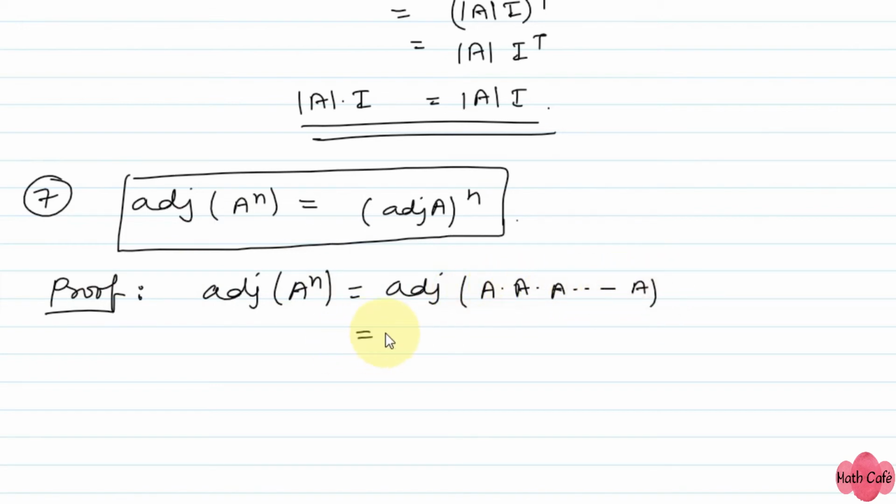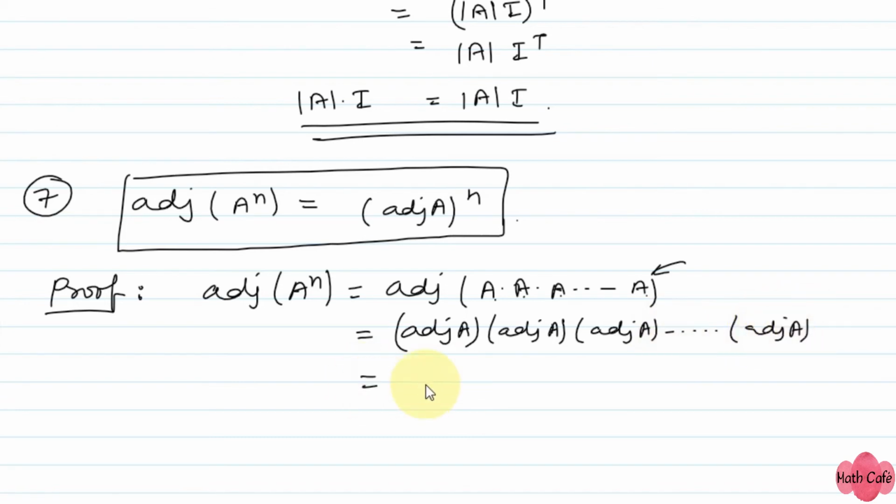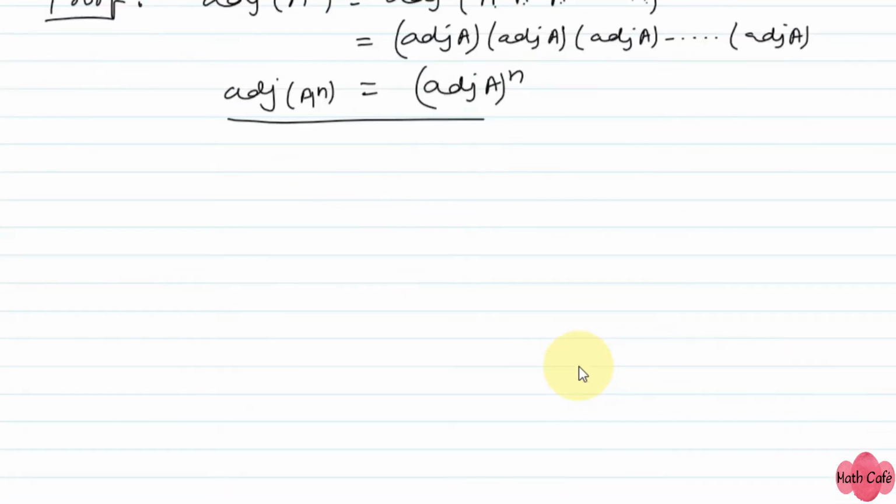Alright, so by property number 5 I can write adjoint of A. So we will start from the back side, so adjoint of A will be multiplied by adjoint of A will be multiplied by adjoint of A, so this process goes on n times. So finally we will get adjoint of A whole raised to n. So adjoint of A raised to n is nothing but adjoint of A whole raised to n. Hope you understand this.